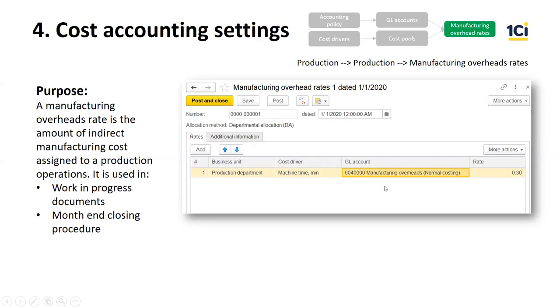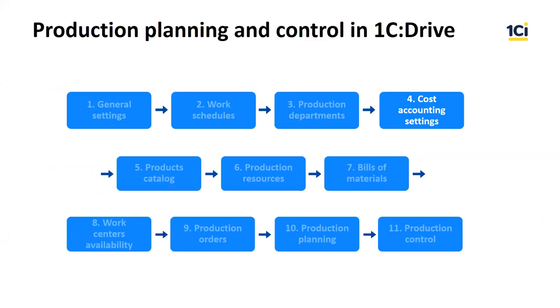Different GL accounts, again, you assign as appropriate for your business. Just note that probably one cost pool, one cost driver, and one GL account is enough for your business. But if, according to your company's accounting policy, you must have diverse settings for cost accounting, they might be made like in this document. This is all for the general settings.